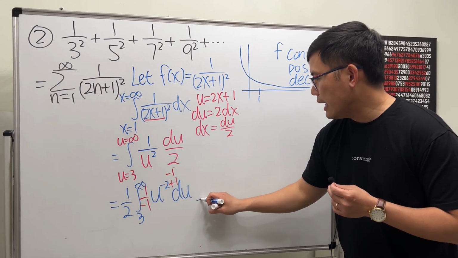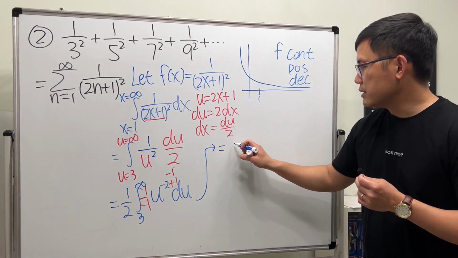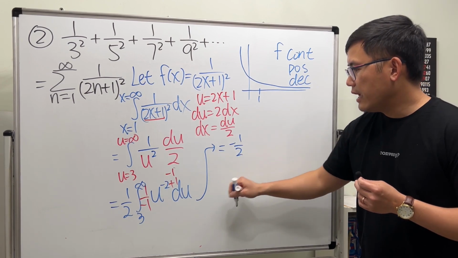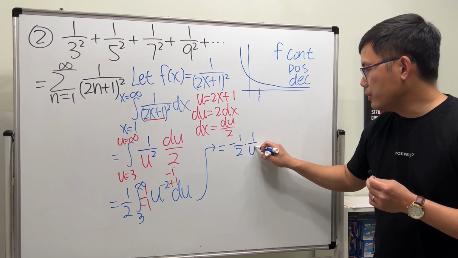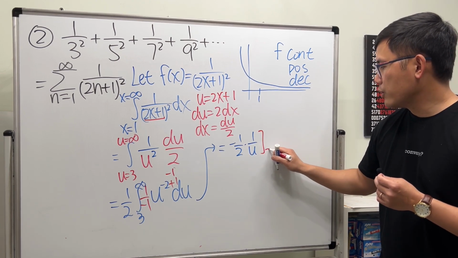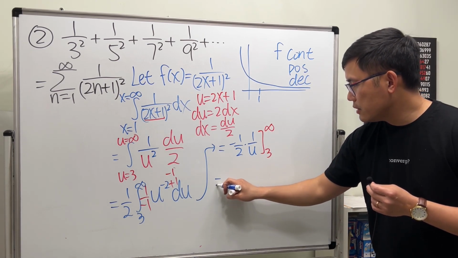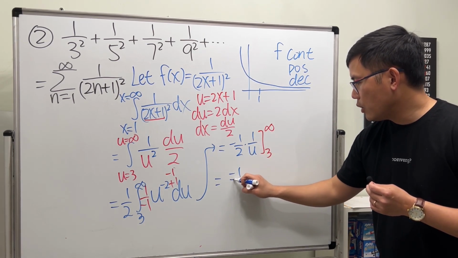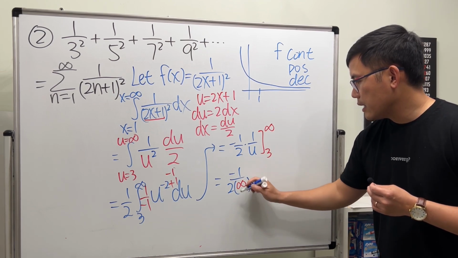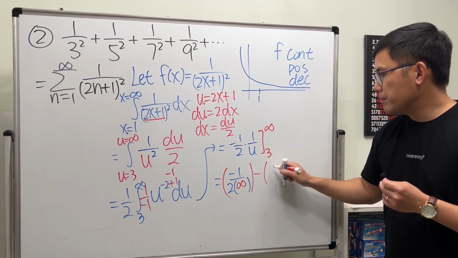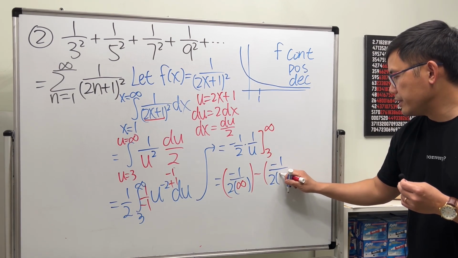So we are looking at 1/2 times -1, so it's -1/2, and then we have u to the -1, which is the same as 1 over u, and then we are going to be plugging the numbers, putting infinity first, so -1 over 2u, and u is infinity, then minus plugging 3, so -1 over 2 times 3.